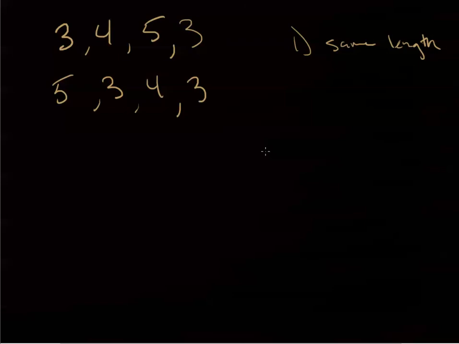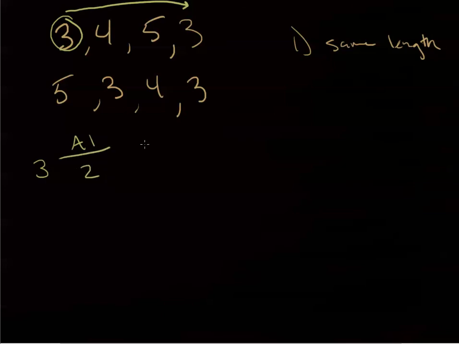So in terms of coming up with an algorithm to perform this comparison, what I'd like to do is visit each number in array 1 and count how many times that number appears in A1. So 3 in A1 appears twice.